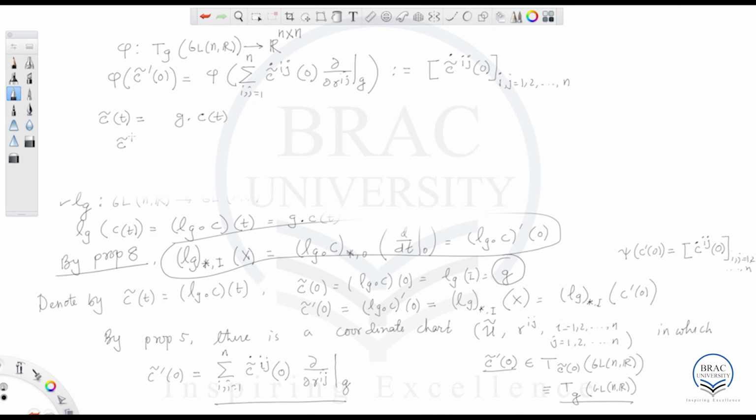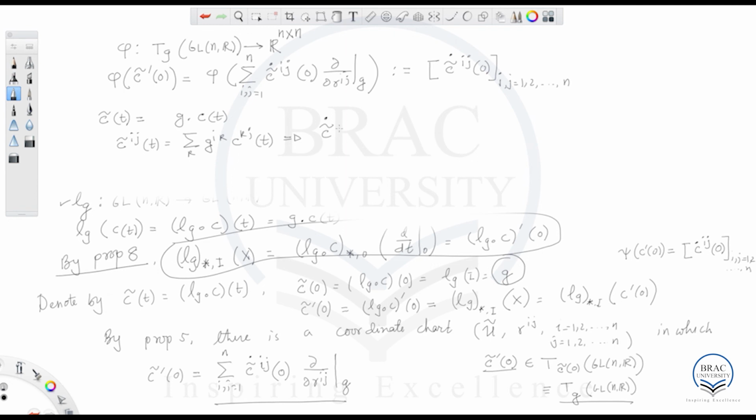Using components, I write C tilde ij of t is equal to the sum over all k of g_ik c_kj of t. Which means I can take the derivative with respect to time on both sides, and it's the ordinary calculus derivative because we are dealing with real valued functions.